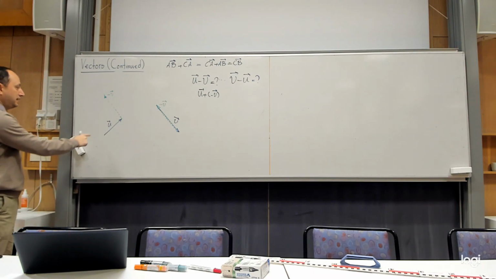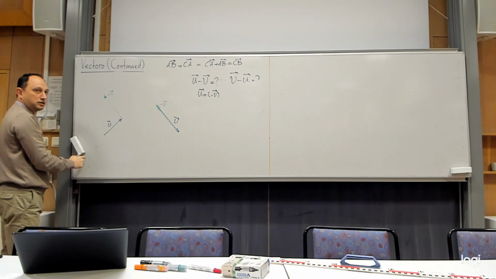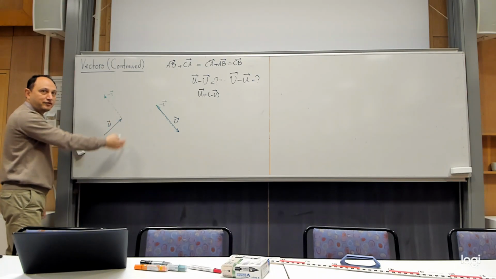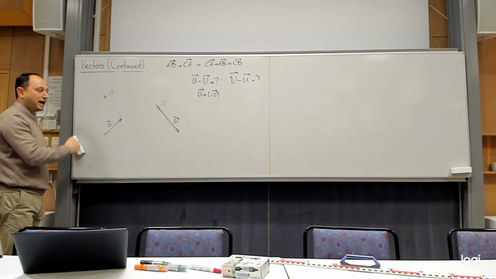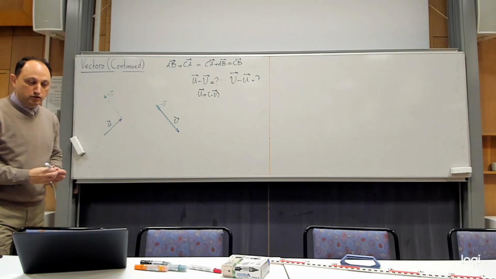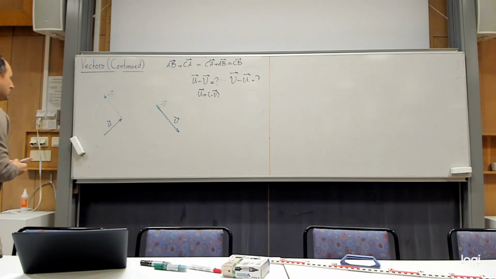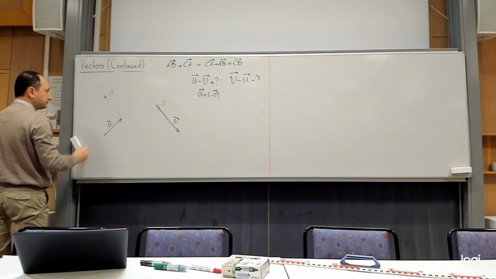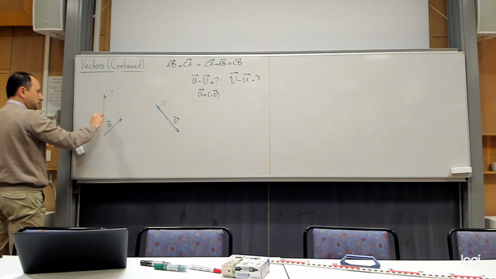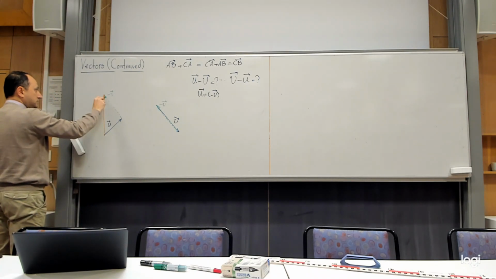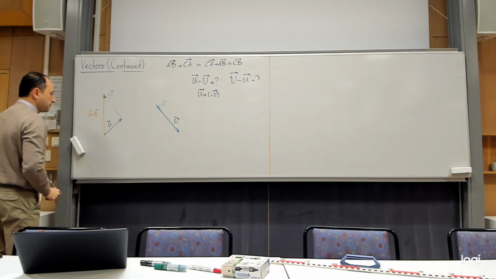Forget about the name. This is the right combination: one arrow is coming after the other arrow, and you want to add them. So if you want to add them, you take the initial point and connect it here. So this vector is u minus v.